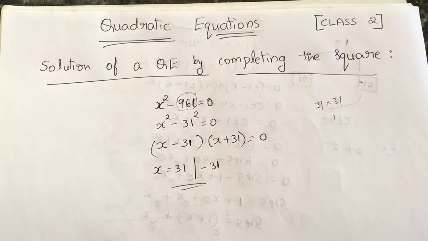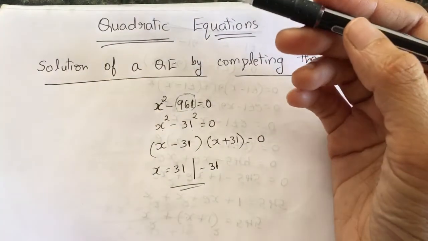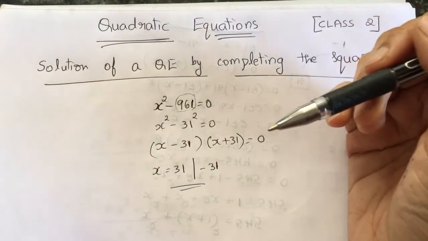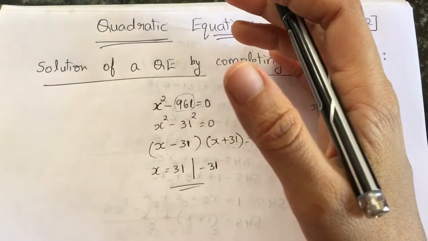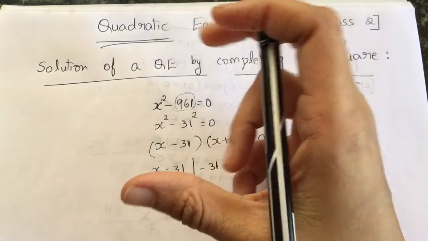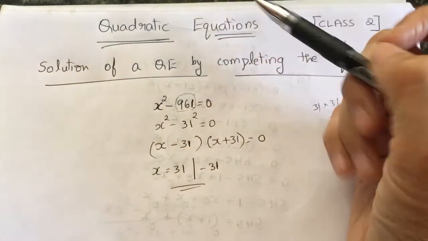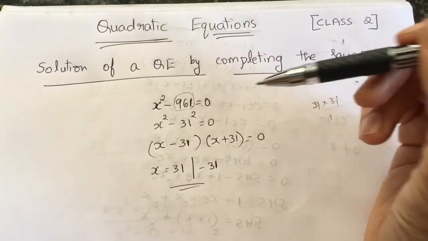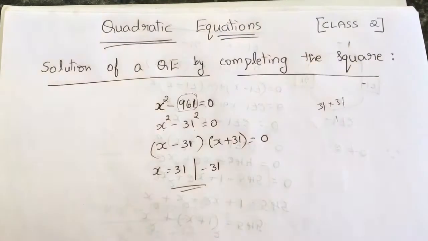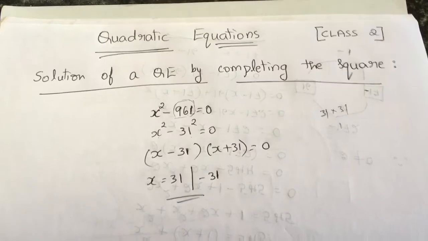If you have an equation ax square plus bx plus c equal to 0, where the b value is very large and factorizing the middle term is quite difficult, in those cases we check whether a perfect square exists or not. I'll solve such problems.